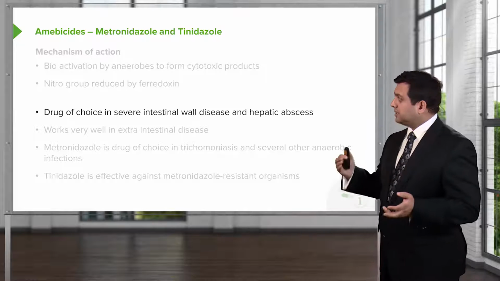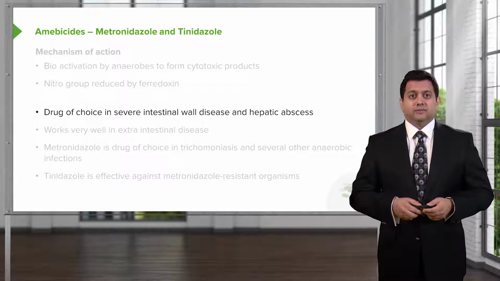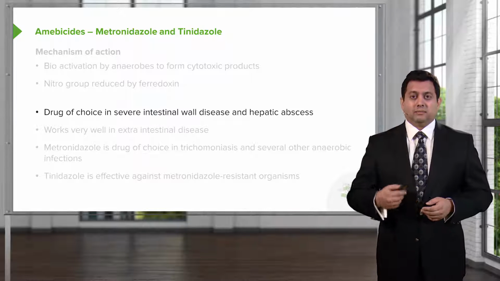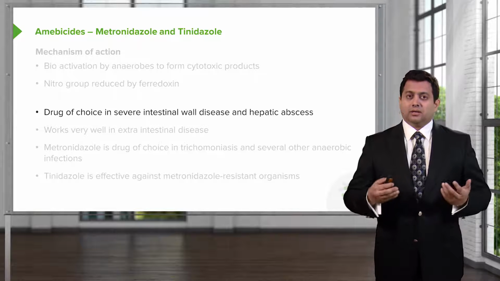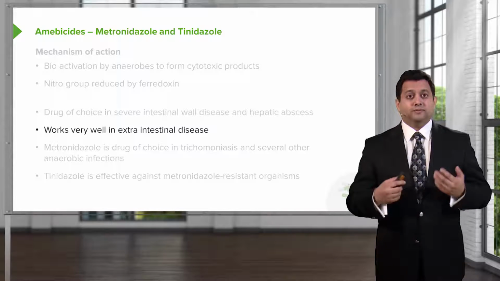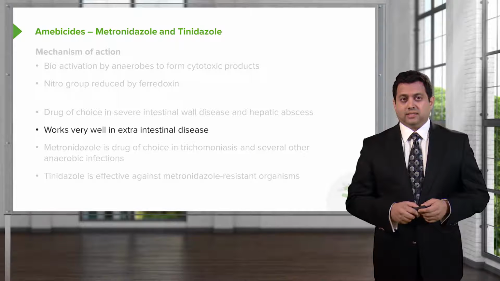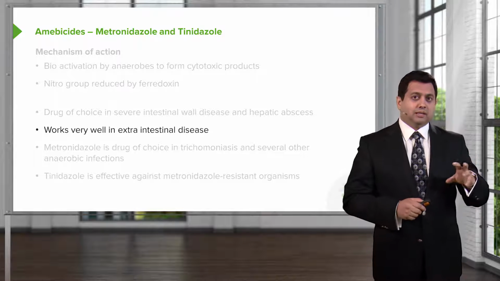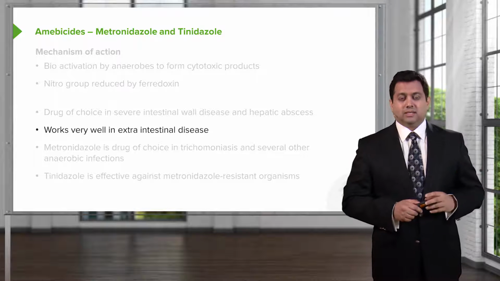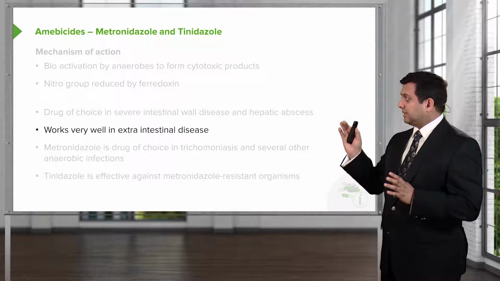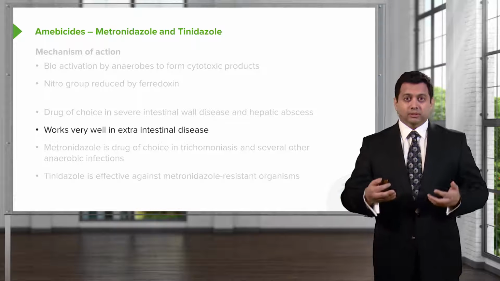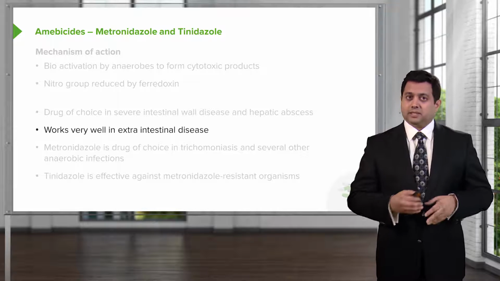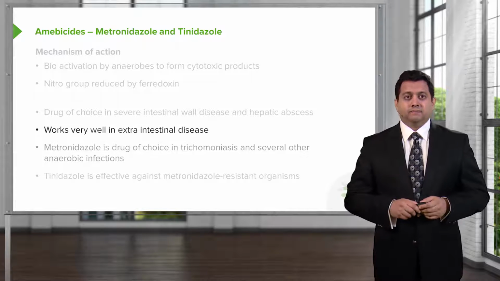This is the drug of choice in severe intestinal wall disease and hepatic abscesses, metronidazole in particular. It works very well in extraintestinal disease as well, so I'm not suggesting that metronidazole can't be used in systemic disease. I'm just suggesting that in terms of luminal disease and hepatic abscesses, it's a very, very good drug.